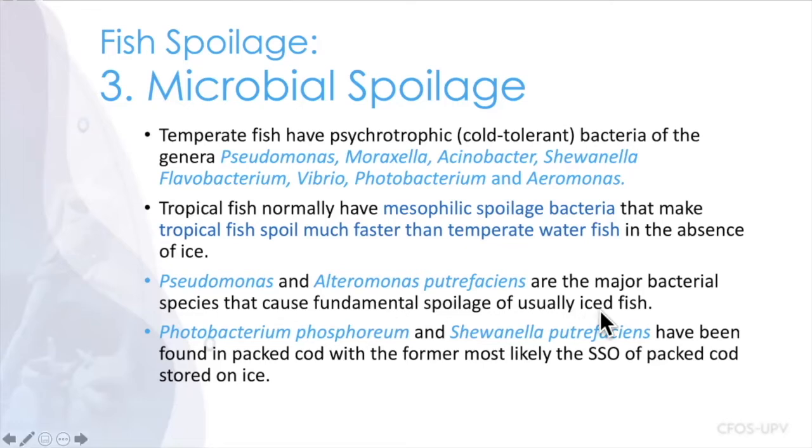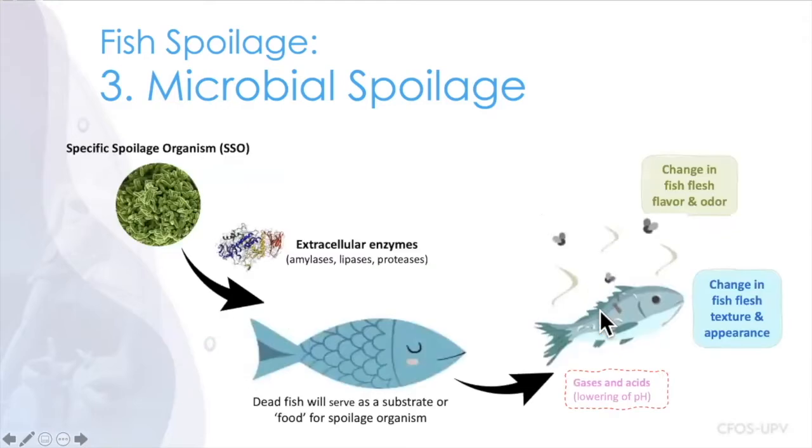Okay? So, yun yun. Alright, so this one shows the simple representation on how specific spoilage microorganisms cause spoilage in fish. Parang paulit-ulit na nakakabingi yung spoilage na word. But ito kasi yung coverage ng ating module 7. So we have to deal with it.